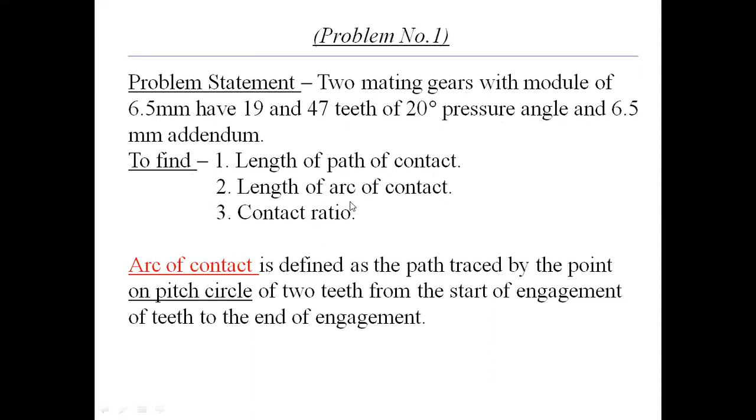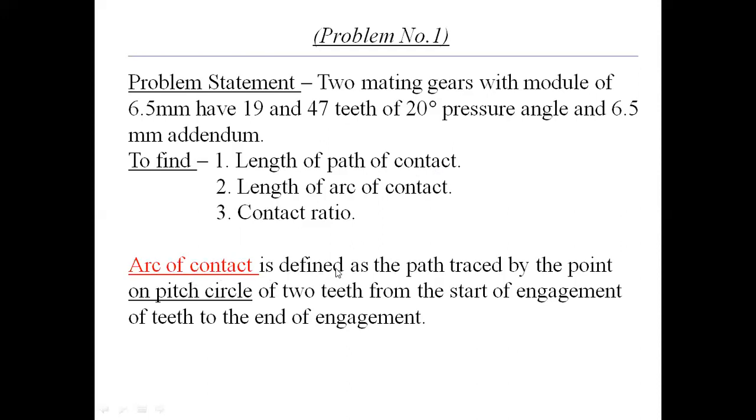In the previous lecture, we have already discussed how to find the length of path of contact. So in this lecture, we are understanding what is the length of arc of contact.